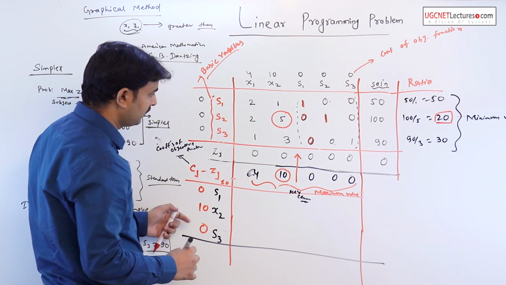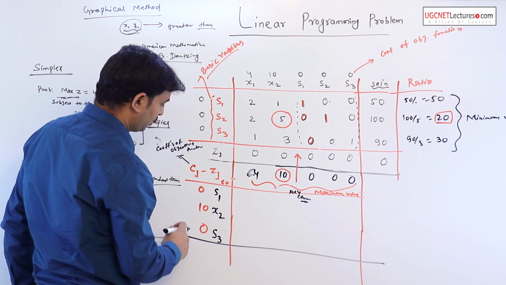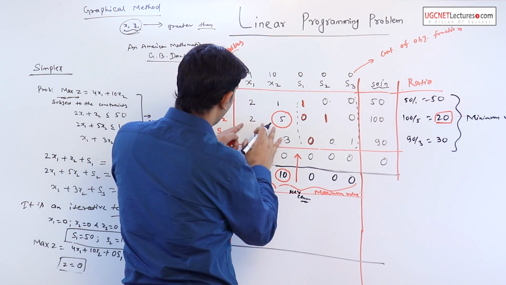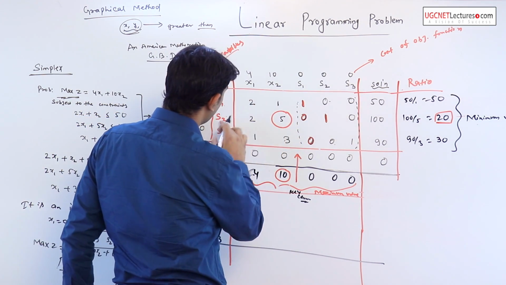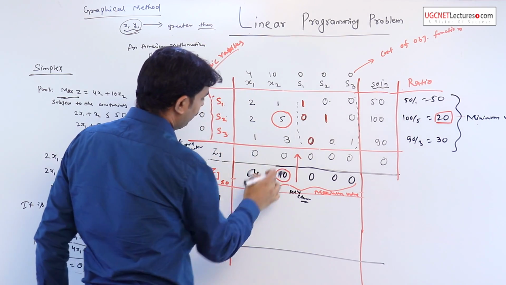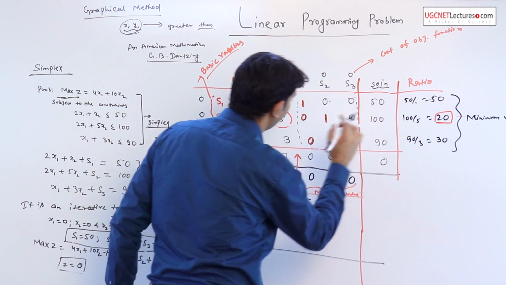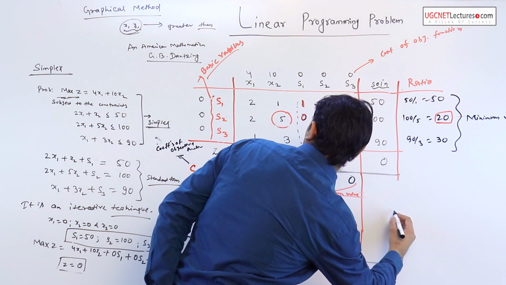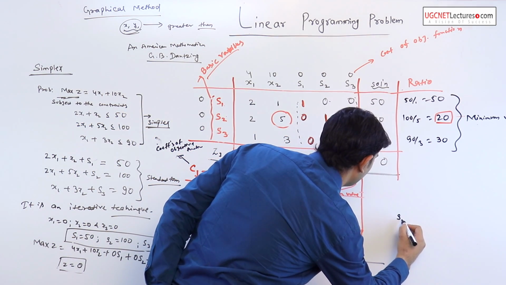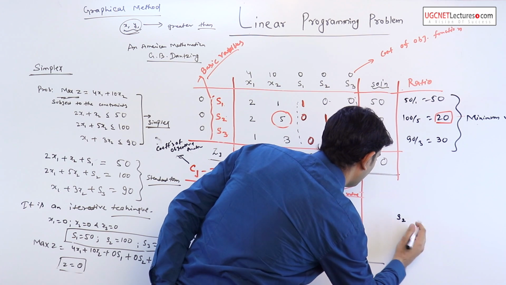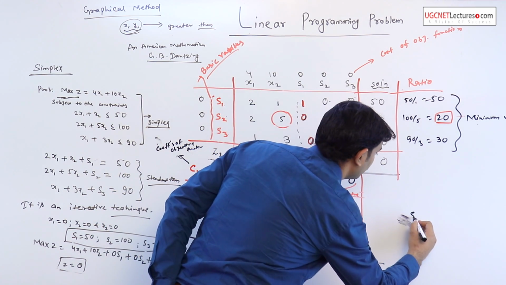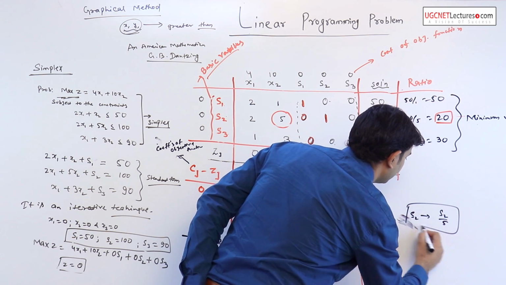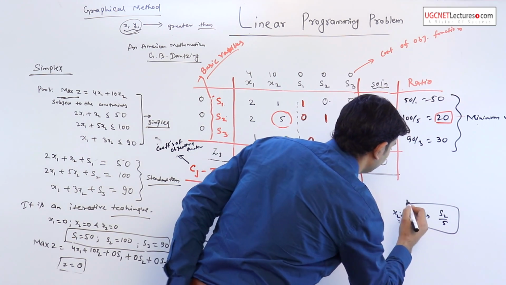So for doing this, what we have to do, if we have to put 1 for x2 here, for this we have to divide the equation by 5. So S2 becomes S2 by 5 and here this gives x2.